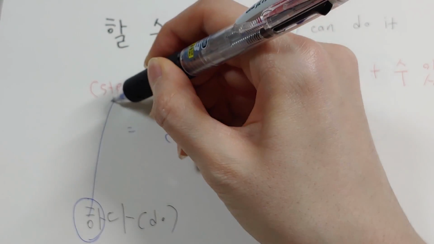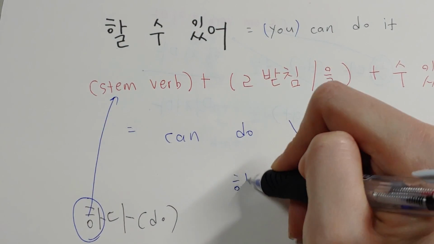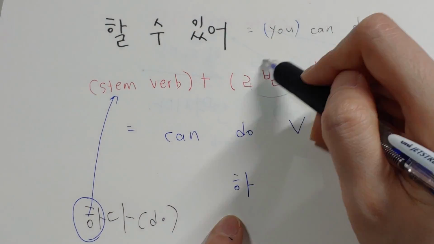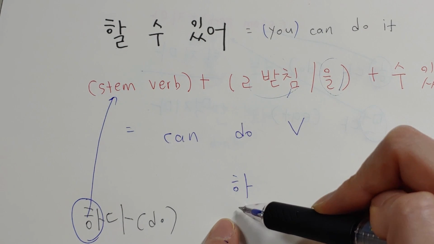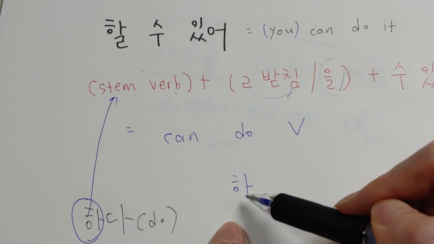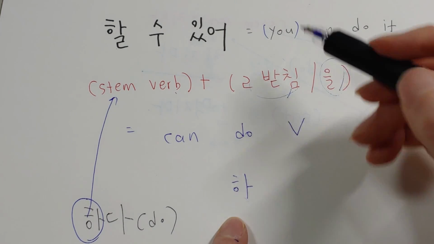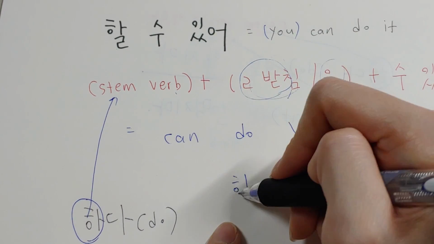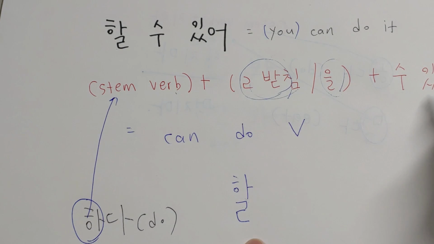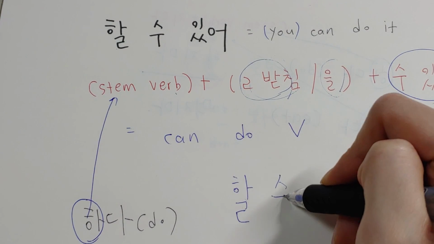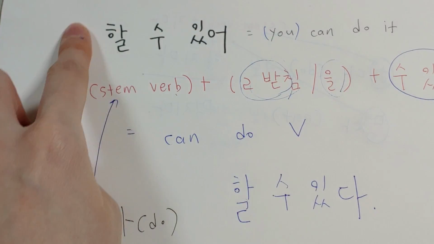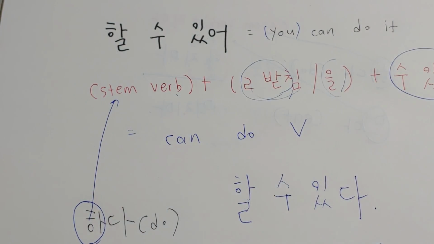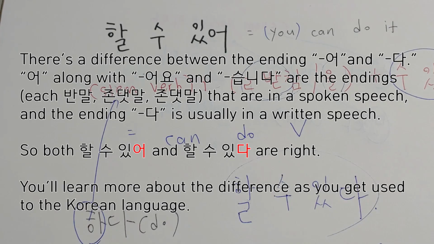So the stem verb goes first and then we decide whether 리을 받침 or 을 comes by looking at whether there is 받침 or no 받침 in the last letter of the stem verb and it doesn't have 받침. So you can add 리을 받침 here and put 수 있다. So that's how can do it becomes 할 수 있어. 할 수 있다. 할 수 있어.